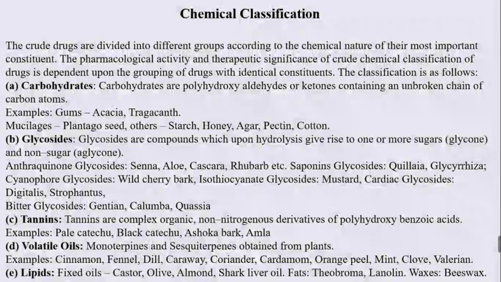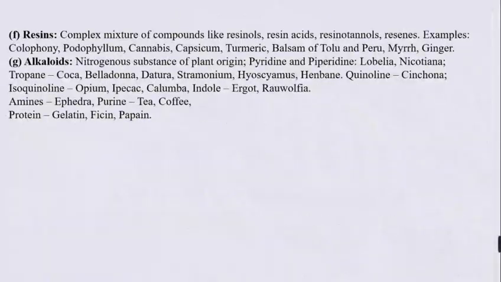The further classes will explain in detail which class each belongs to. Next, we have the lipids such as fixed oils: castor, olive, almond, shark oil. Fats such as theobroma, lanolin, and waxes such as beeswax. Next, the resins, whose compounds include resinols, resinic acids and resins. For example, colophony, podophyllum, cannabis.